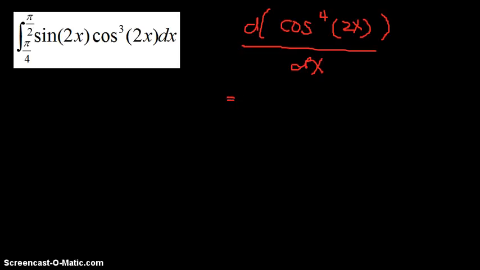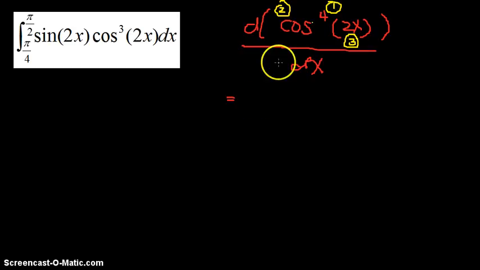We have a trig function, a power function, and a linear function. We start off with the power function, then deal with the trig function, and finally the linear function.